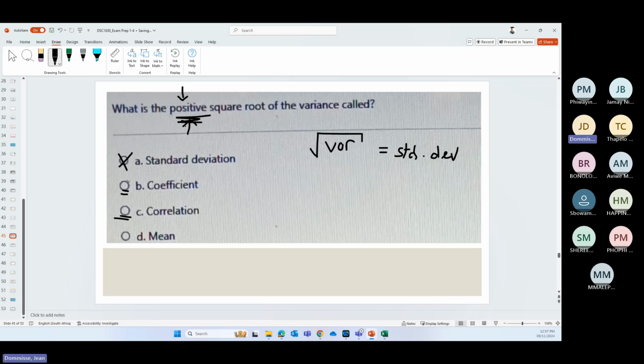That's why, but that is actually just to throw you off, because the simple question should have been, what is the square root of a variance called? That should have been the straightforward question, not what is the positive. So again, there are those extra things that they put into the question to totally throw you off and confuse you.